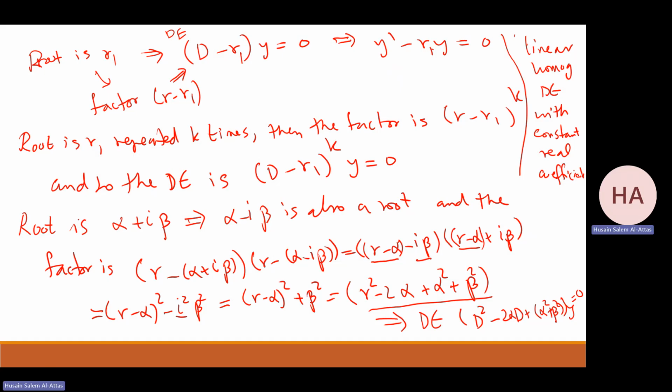Or I can rewrite it: y double prime minus 2 alpha y prime plus alpha squared plus beta squared y equals 0. Okay.